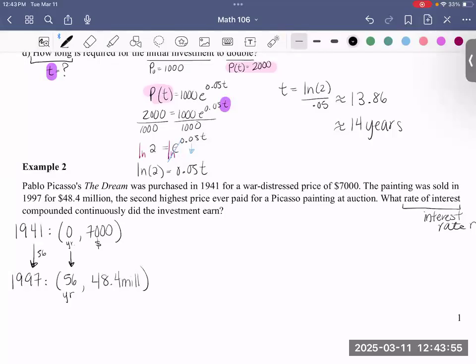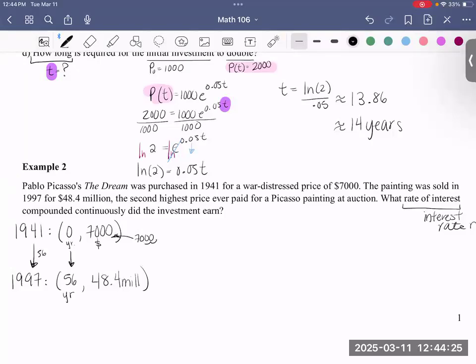So we can do one of two things, either make this into millions or expand your million. So it's up to you if you want. I'm not a huge fan of writing out all of these zeros, so I would do it by moving the decimal over.